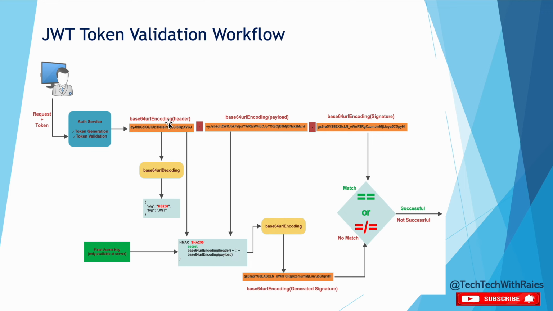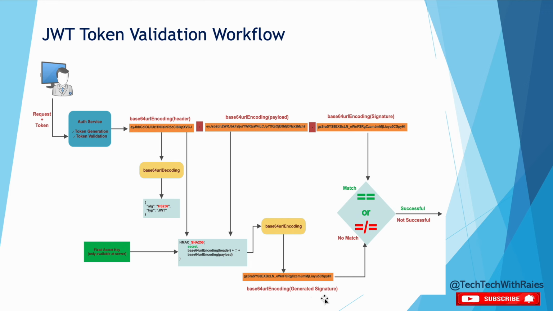That means if we get these two parts joined with the dot, we use this secret and this algorithm to create a hash function, pass the input to this hash function and we get something called a signature, and this signature is again passed to base64 URL encoding, and finally we get the base64 URL encoding of the generated signature.